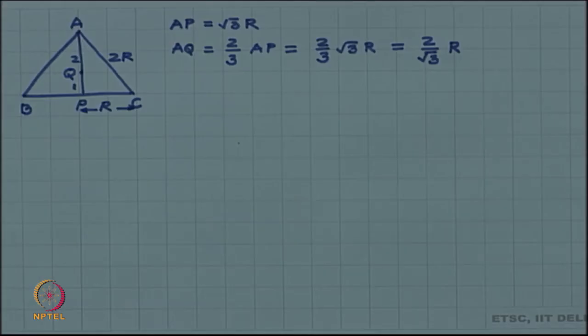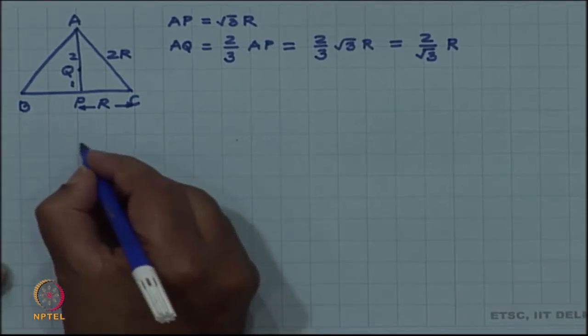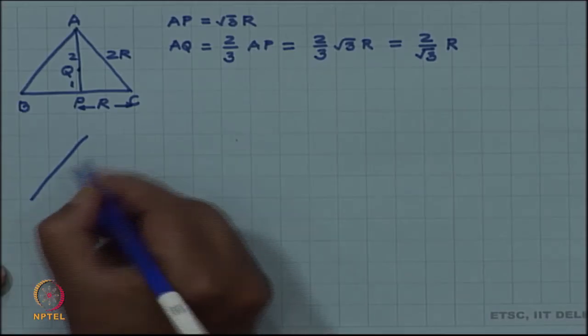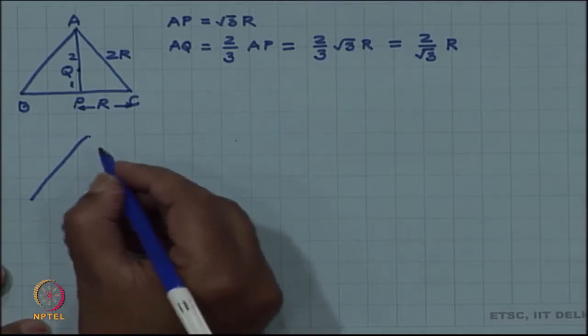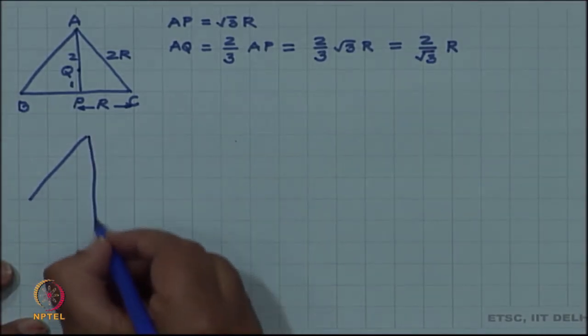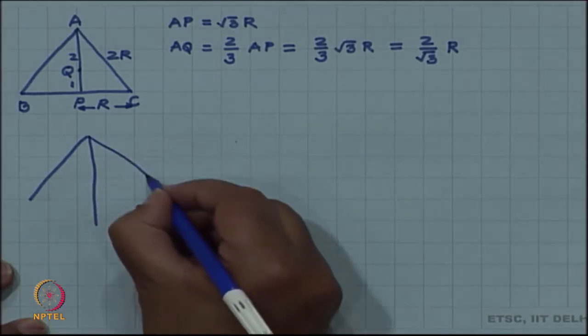AQ is 2 by root 3 R. So, let us continue with this now. Let us look at the full tetrahedron. So, our full tetrahedron was something like this.